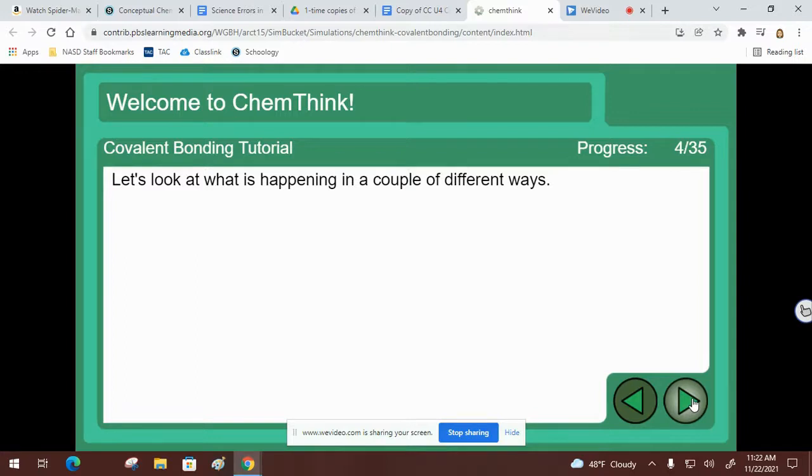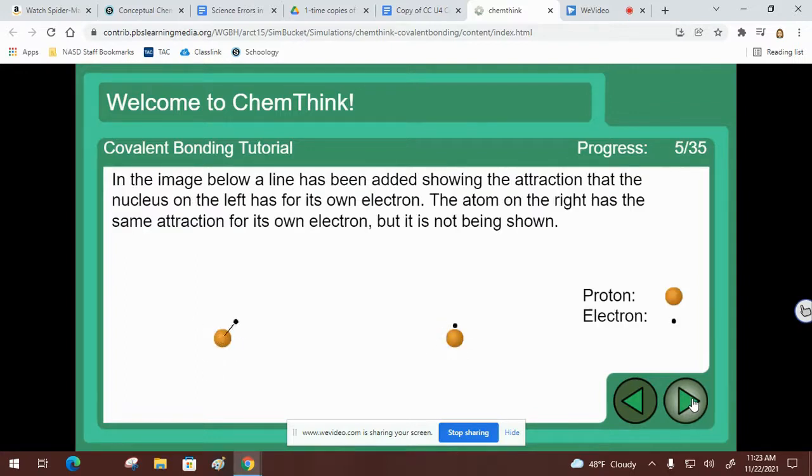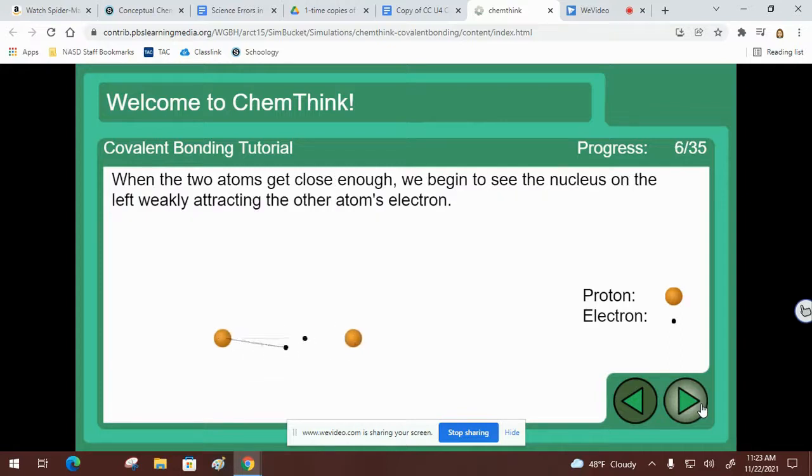Let's look at what's happening in a couple different ways. I'm looking at an image where a line has been added showing the attraction of the nucleus to its own electron. When another nucleus with its electron comes close, we begin to see the nucleus on the left weakly attracting the other atom's electron too.